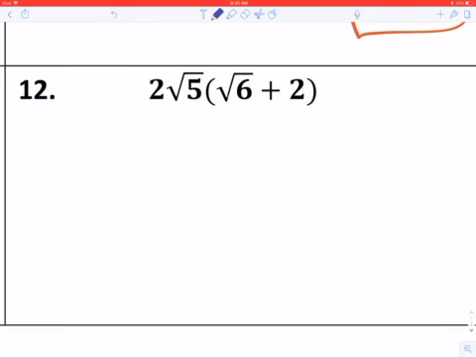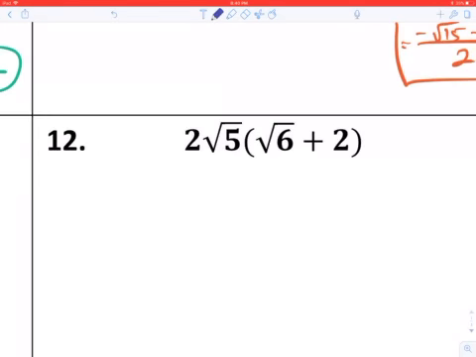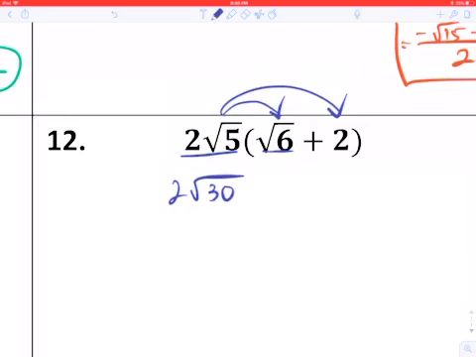And number 12, I have to distribute these. 2 times the square root of 5 to the square root of 6 and 2. So this and this, when I multiply those two terms together, gives me 2 times the square root of 30.